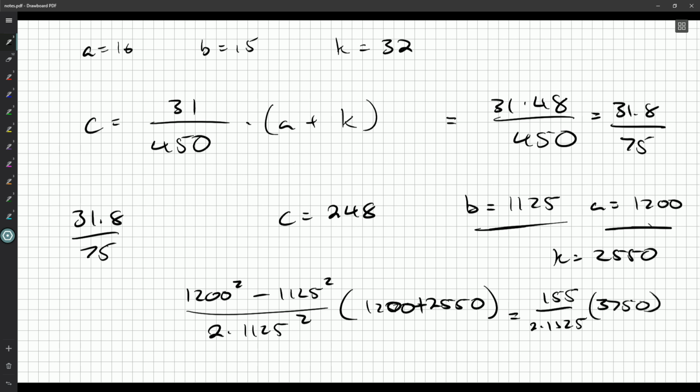Yeah, I'm off by just a little bit. I get 258.3 repeating, which is not what I want. I have just made a terrible mess of this question.